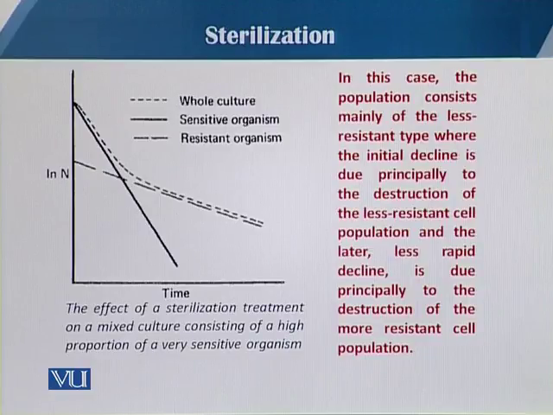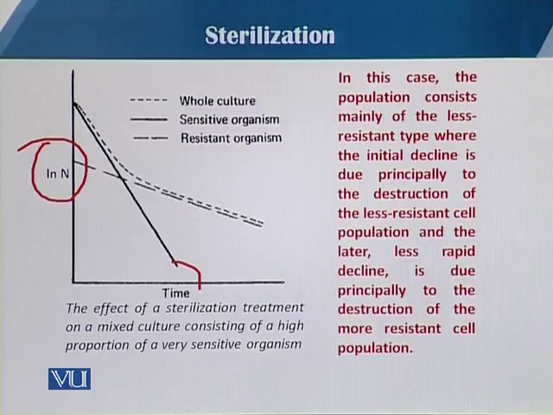So in the first case, when we have a graph between ln N and time t, the whole culture basically shows the average of these.